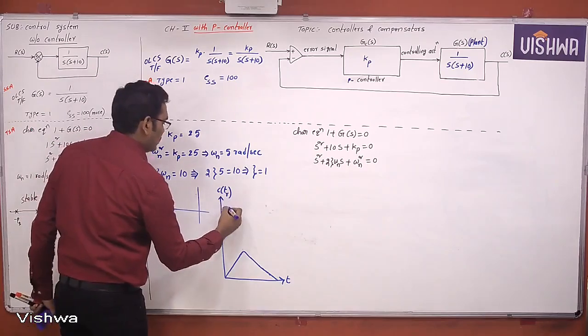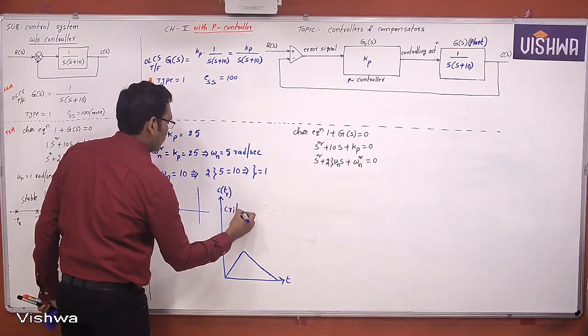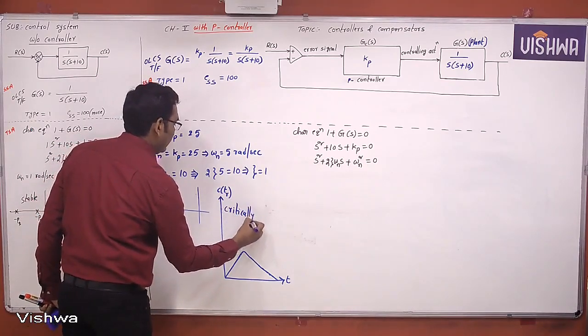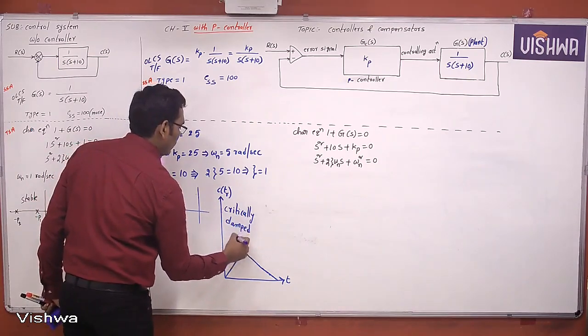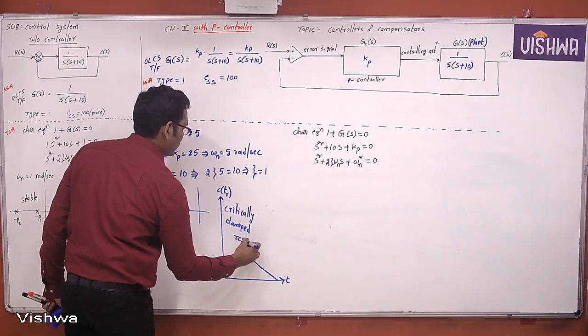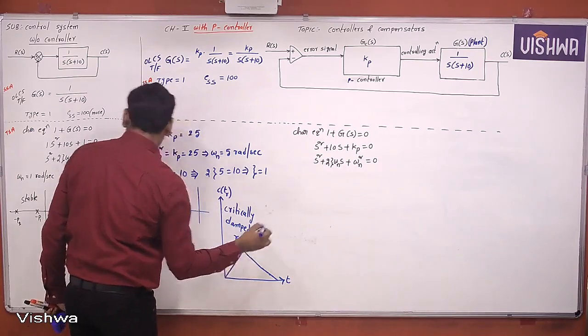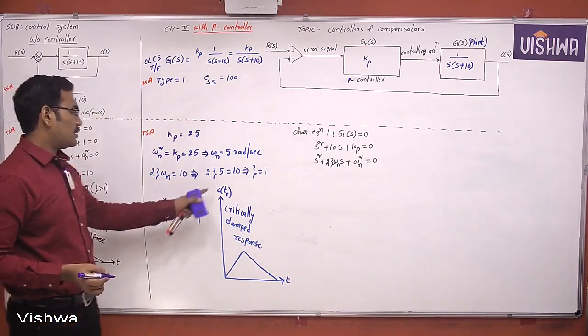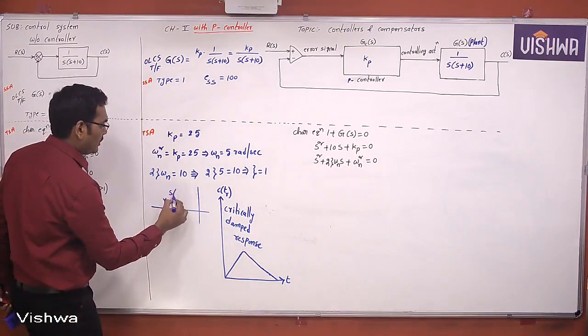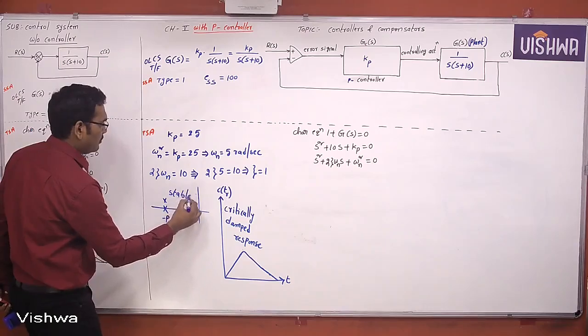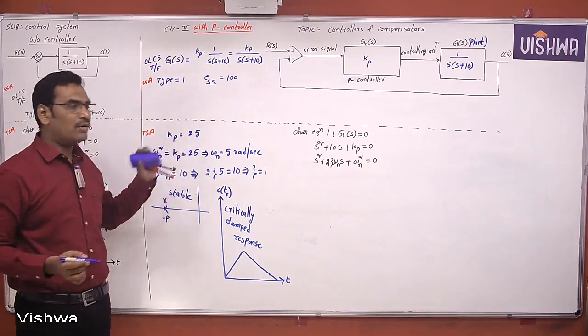This is the critically damped response. Of course, the system is stable. So this is when Kp equal to 25.